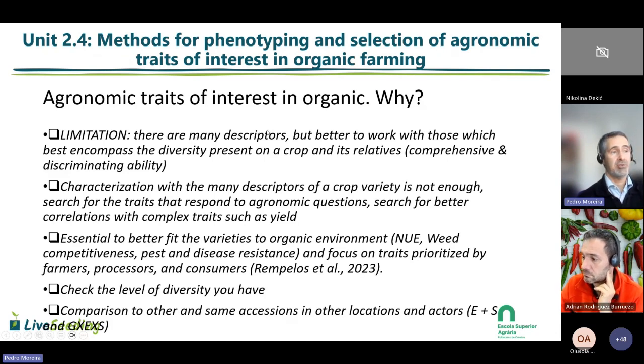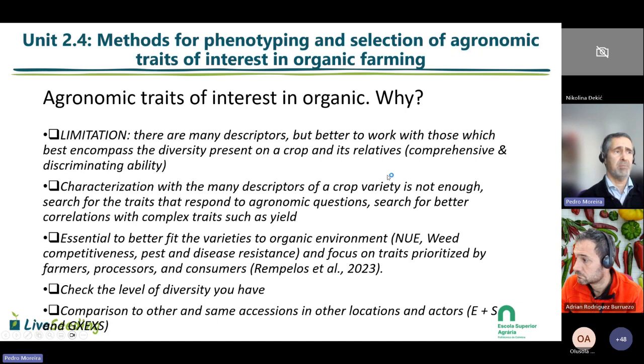There are many descriptors, but it is better to work with those which best encompass the diversity present in a crop and its relatives. The comprehensive and discriminating ability is important.